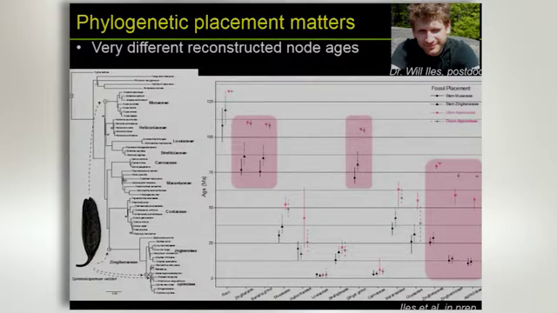And for the banana group, for the ginger group, and then this is for Zingiberaceae proper and Zingiberaceae and Alpinioideae, so two of the subfamilies. So a really massive difference. Again, this is why it matters, and we need to make sure that the fossils are being interpreted correctly. So you need to be critical about the fossils and where they go.